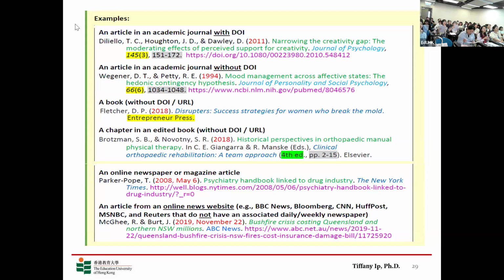And now you see in the reference list, we need everything. Last name, comma, initials. Like if the name is Chen Taiming, so Chen, comma, T dot M dot. So these are the first names. And sometimes, like John Smith, then it would be Smith, comma, J dot. This is the first name part.